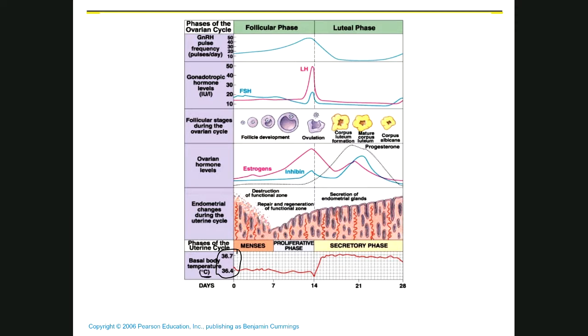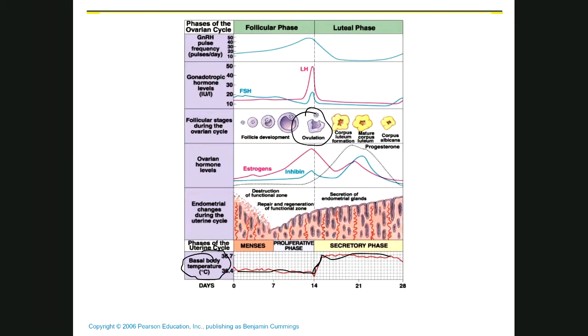So it's not a big change, but if you monitor your body temperature every single day, at the same time of the day, before you eat, before you exercise at all, before you do anything like that, you can chart your temperature. And if you chart your temperature, when you see this jump, you know that this has happened.